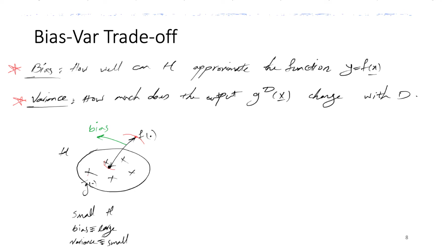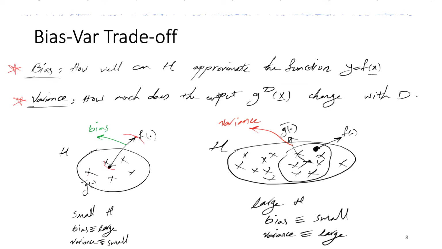Now let's talk about the other extreme. You have a very large hypothesis set, or maybe multiple hypotheses, as this set H. You might have multiple candidates, and this one was your candidate, this function g bar, and that was your real function that you would like to estimate.